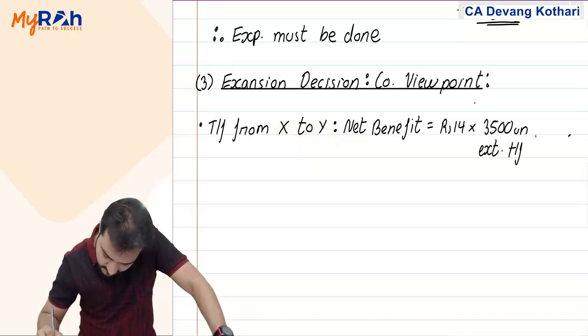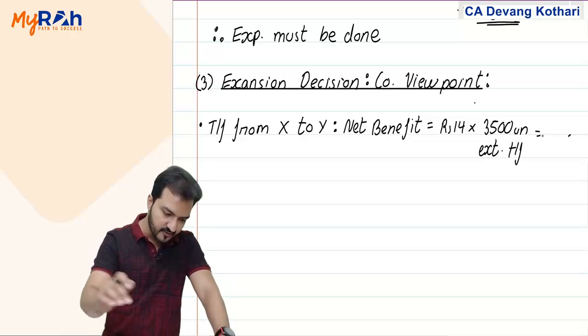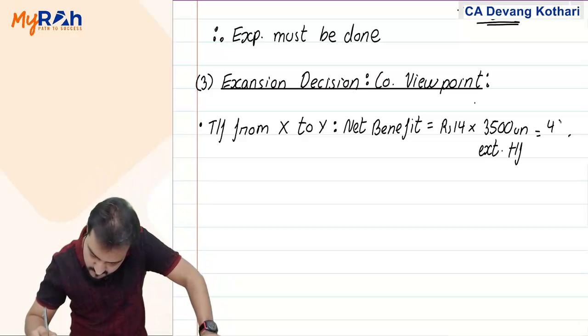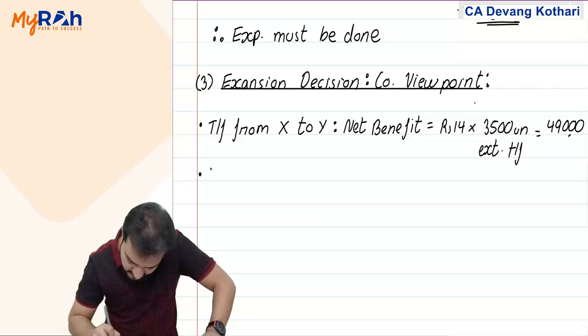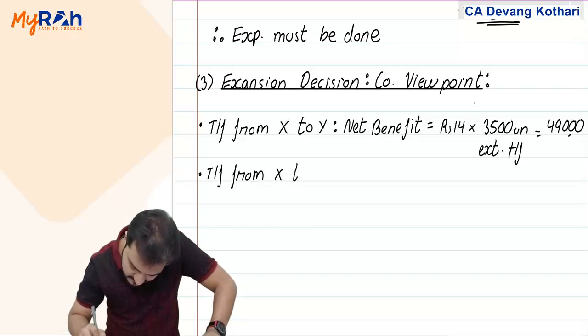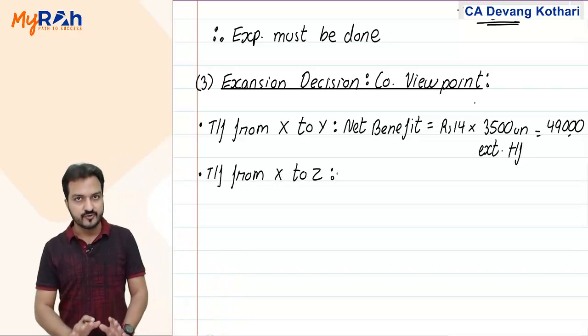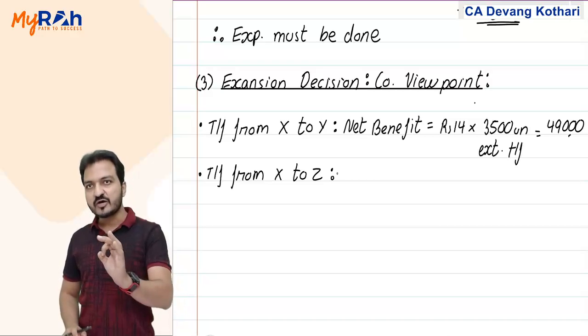So net benefit on that, 14 into 3,500 is 49,000. And transfer from X to Z. X was operating at 9,000 units. If expansion is done, it can produce 6,000 more.